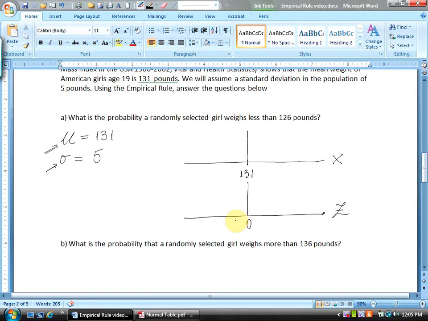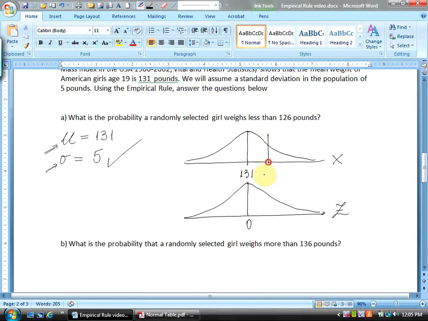Remember, I said that the standard normal has a mean of 0. So these are the same curves, except that one has a Z number line and one has an X number line. Okay?